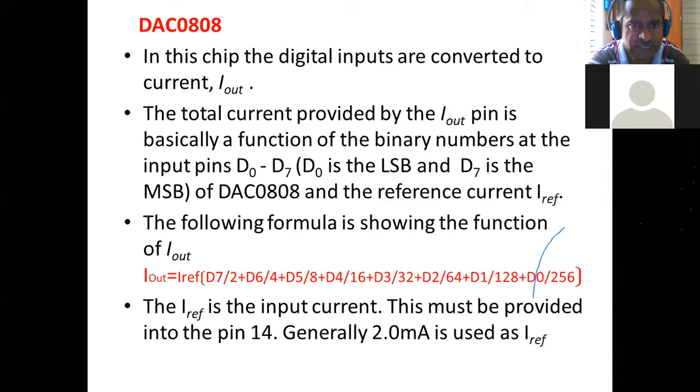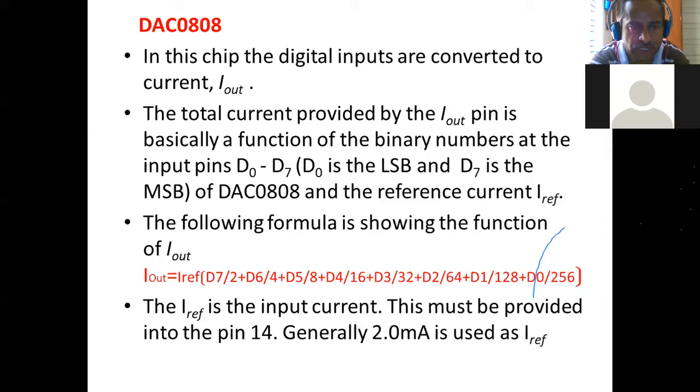But in this chip, the digital inputs are converted to current. It does not give a proportional voltage output. Its output current is proportional to the digital input.